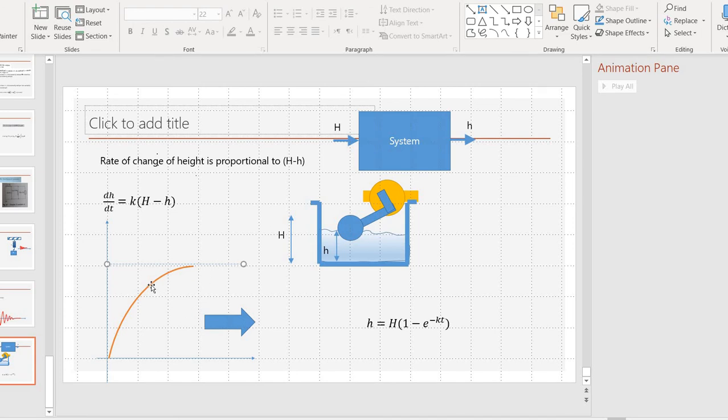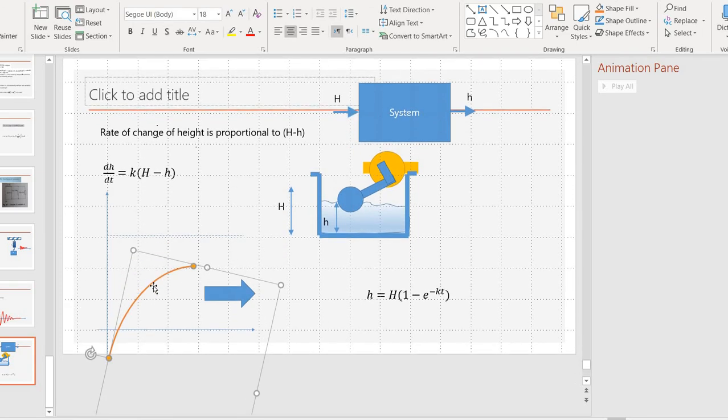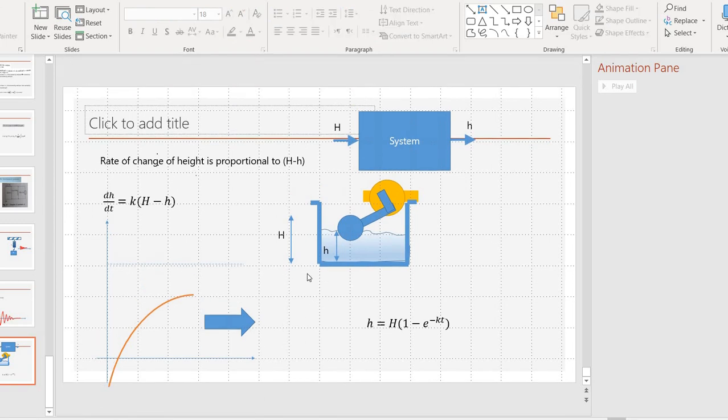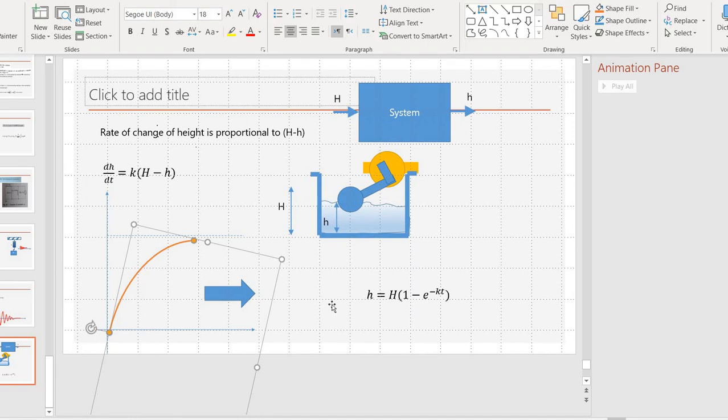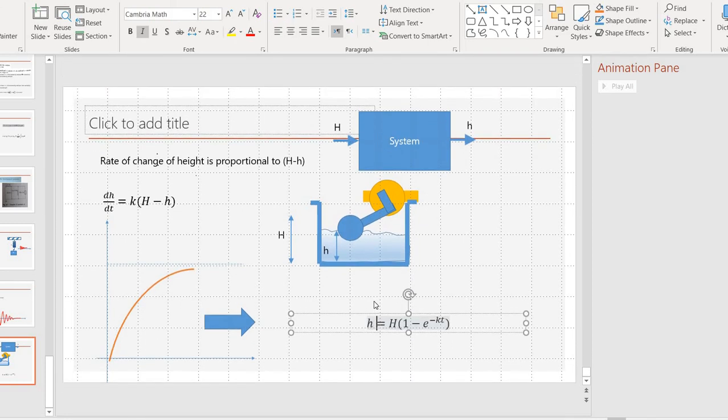Now, if you want to write a mathematical equation representing how this plot is behaving, we are looking at this equation. I want to have small h on one side and t on the other side. This plot is familiar. It's an exponential plot. How is it behaving?